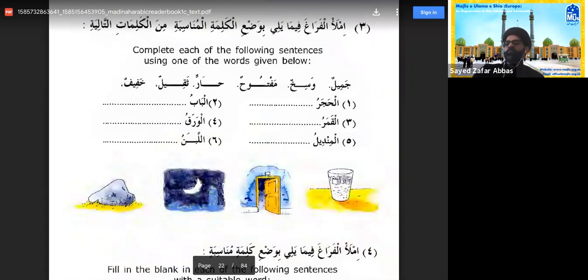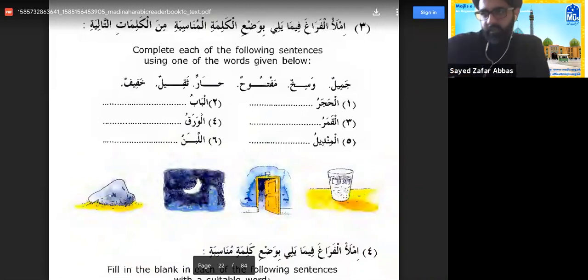So we've got 6 words: جميل, وصف, مفتوح, حار, ثقيل, خفيف. And we need to fill in the words into those words which are mentioned in the sentence: al-hajar, al-qamar, al-mindil, al-bab, al-waraq, al-laban.